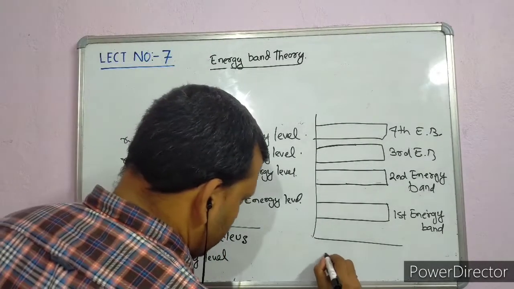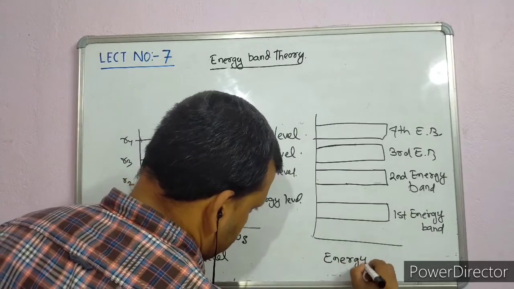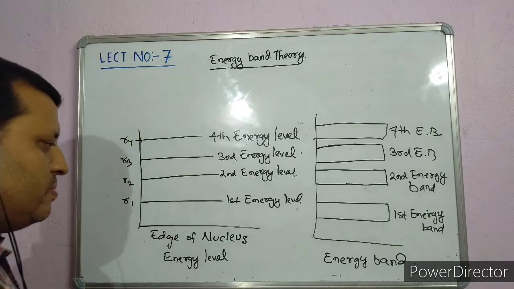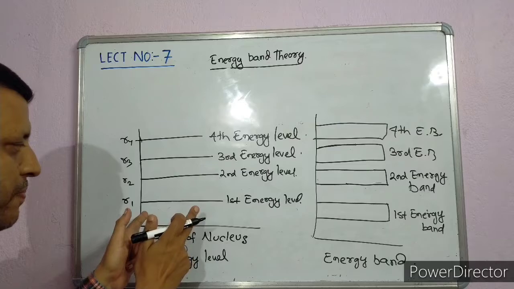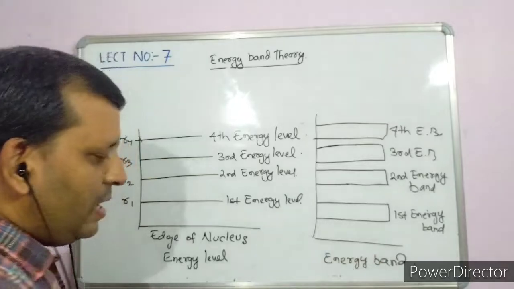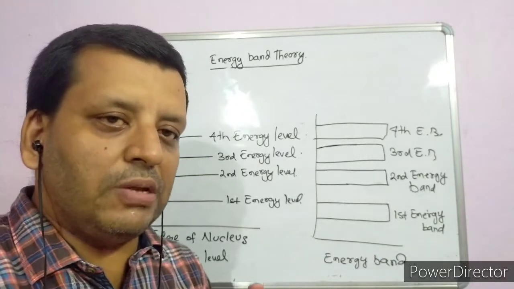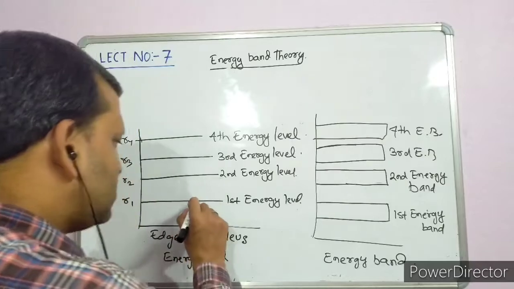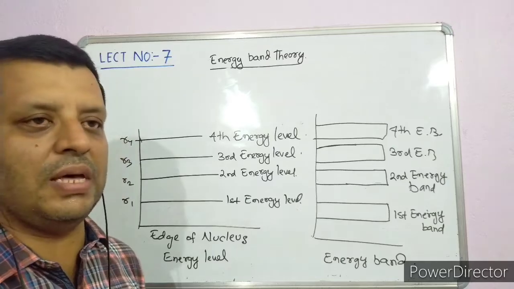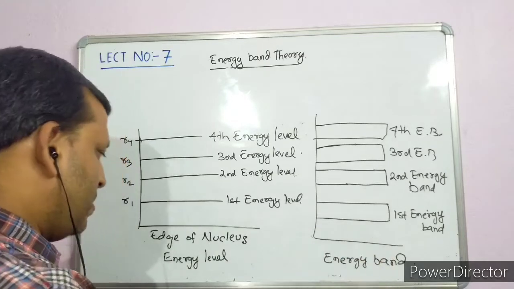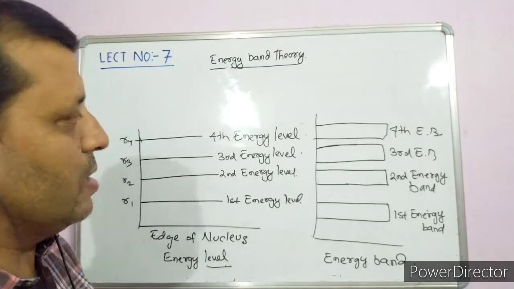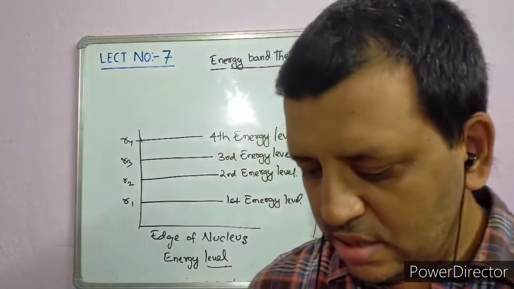So this is our energy band. The simplest differentiation between energy level and energy band is that energy level points to a single value of energy, whereas the energy band points to a range of values. Here you have a single value, but here you have a range of values, multiple values, which is why it is a band, and because it is a single value, it is only a level.